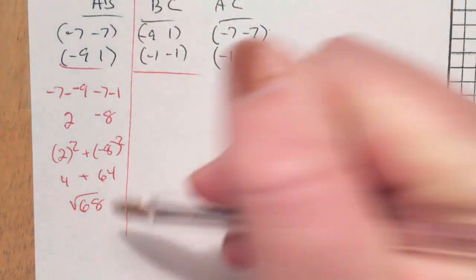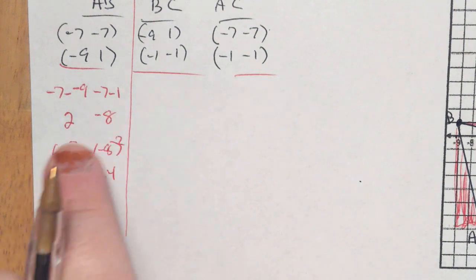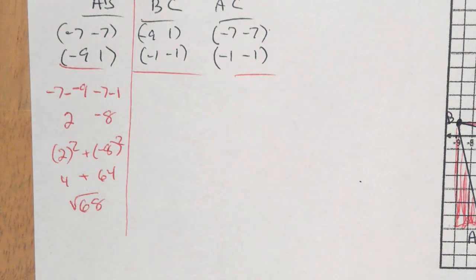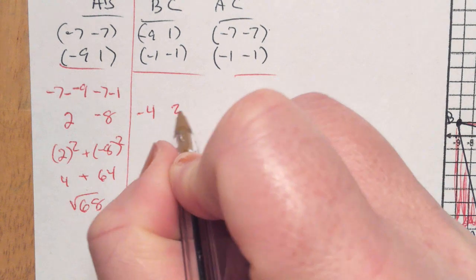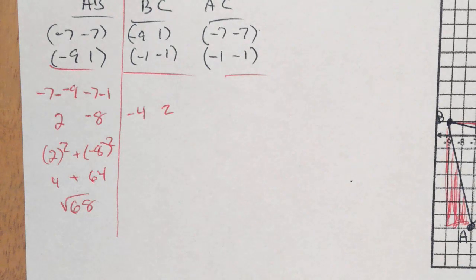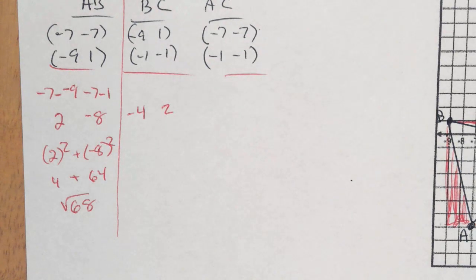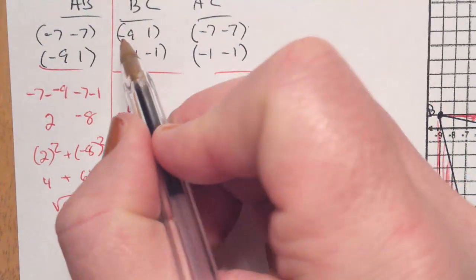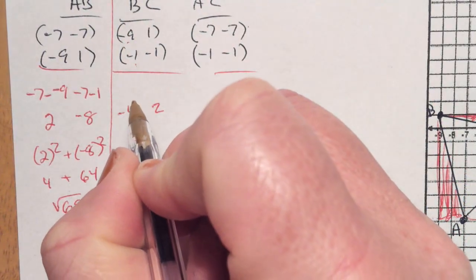All right, let's do this one over here. So I showed a lot of steps here, but now I'm going to skip some steps. -9 minus a -1, I would get a -4. 1 minus a -1, we would get a 2. So what we're saying is from B to C, I'm sorry, -9 minus -1 is a -8.